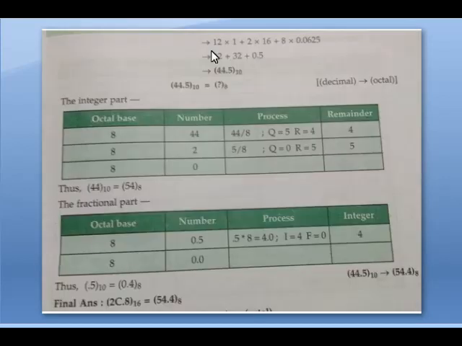Then we have to simplify it. So we got a decimal number, that is 44.5 to the base 10.